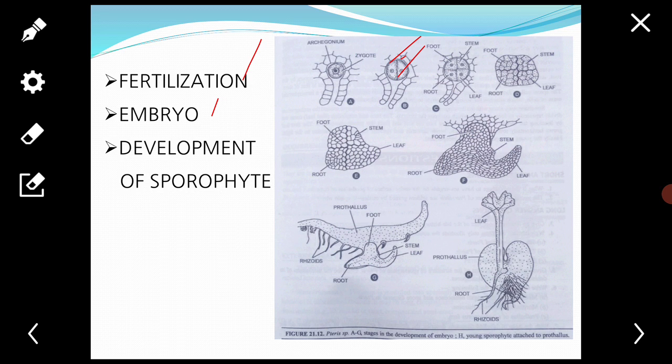Similarly, the two outer posterior cells of the octant form the root, whereas the other two posterior cells form the foot.